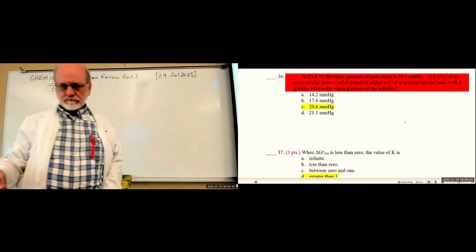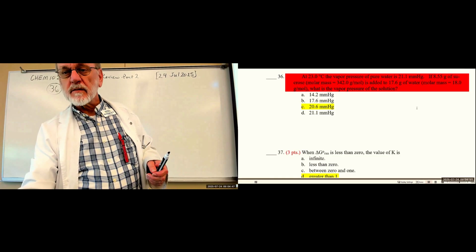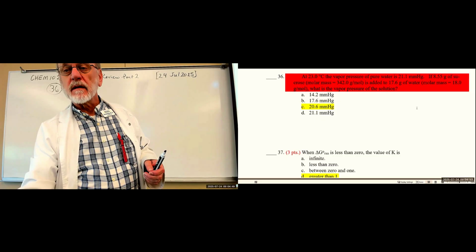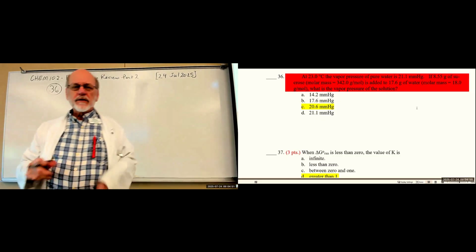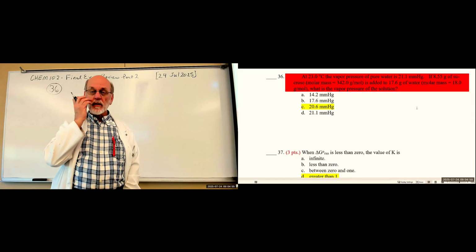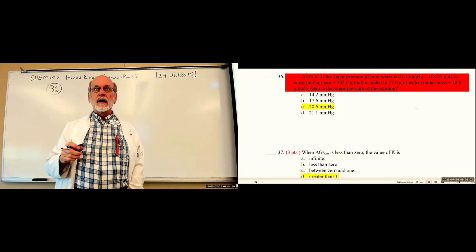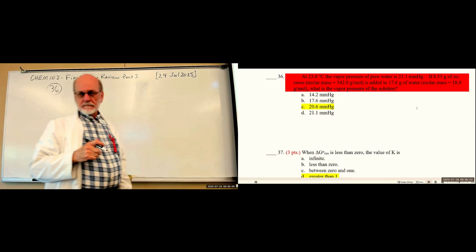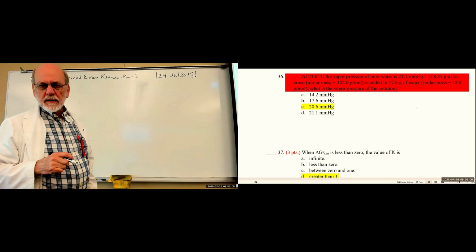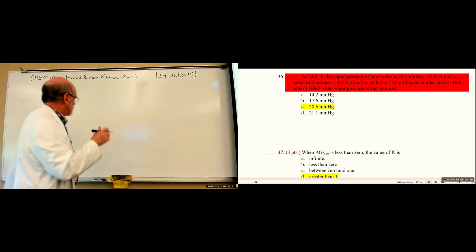Let's see. Let's move this out of the way. At 23 degrees centigrade, the vapor pressure of pure water is 21.1 millimeters of mercury. And it looks like the temperature is stable. So this is the vapor pressure of pure water.